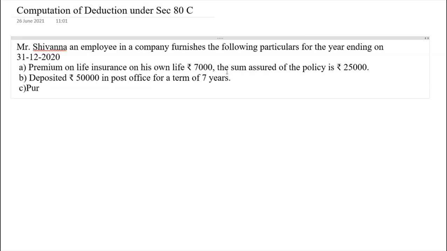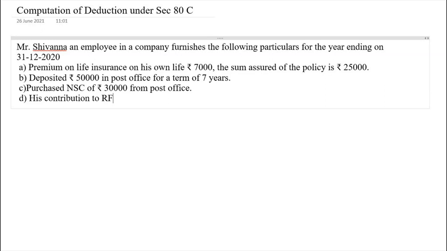Next, purchased NSC of rupees 30,000 from post office. Next, D, his contribution to RPF of rupees 25,000.